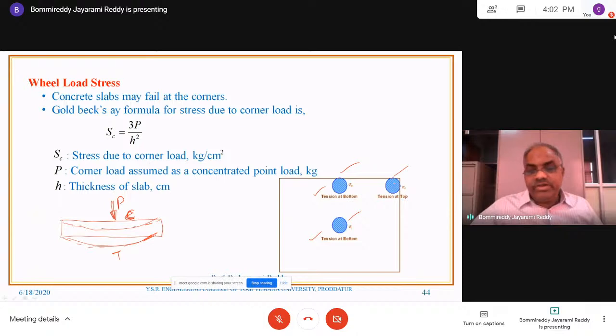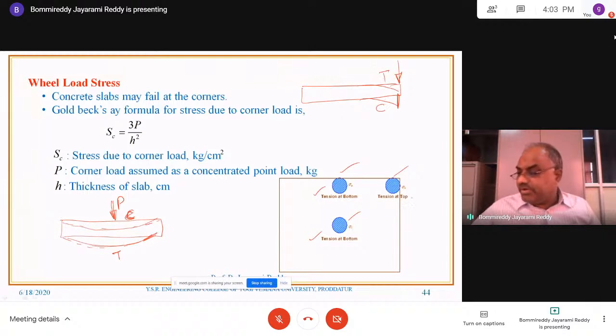Whereas when the load is at the corner, imagine a cross section with the load acting at this level; there is every possibility that it is going to bend like this. When the load is acting at the corner, the slab bends in this fashion, so the bottom is under compression and the top is under tension.